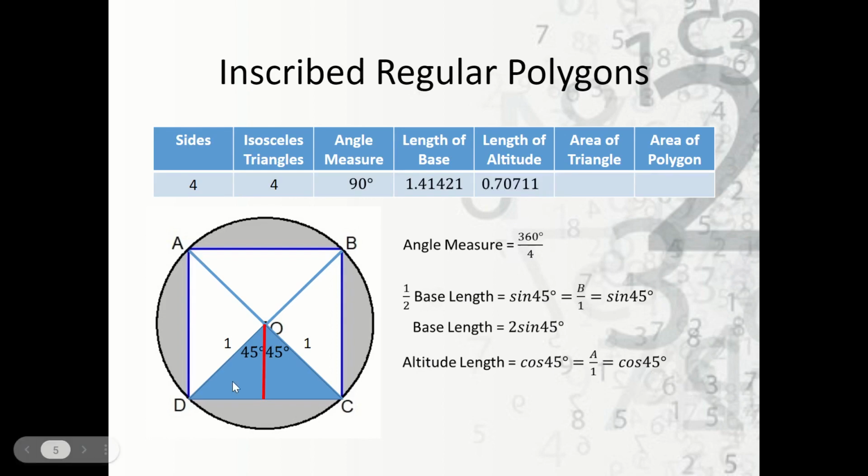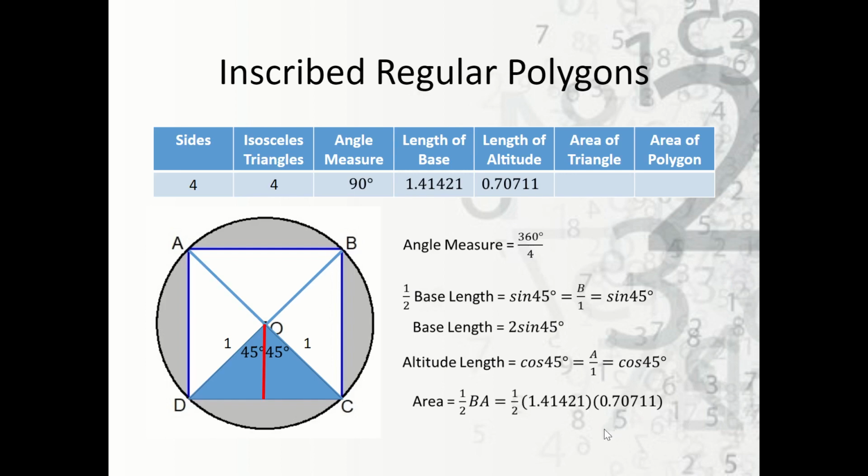Now we can find the area of each one of these triangles. So the area of a triangle is 1/2 the base times the height. So that's 1/2 of the base times the height, or the altitude here. So we get 1/2 of 1.41421 times 0.70711.